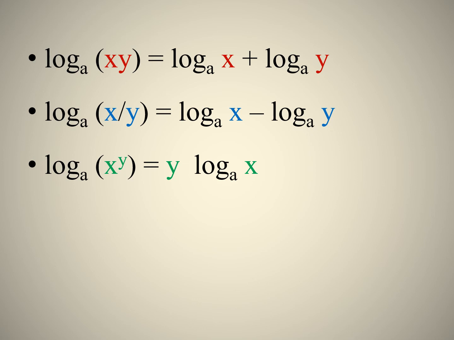Now, log x raised to y to the base a is y into log x to the base a. Log 1 by x to the base a equal to minus log x to the base a.